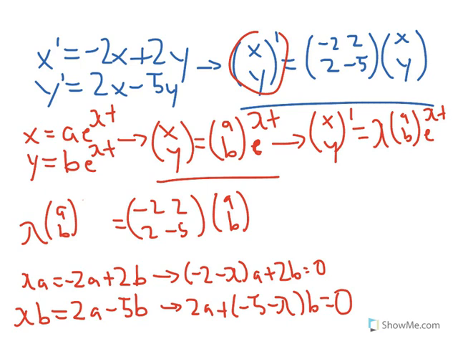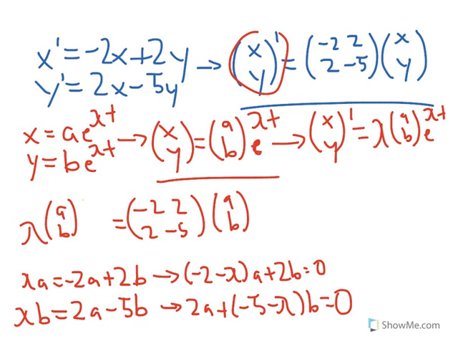Well, if we take the coefficients of a and b and take the determinant, when there is a non-trivial solution, the determinant should equal 0.